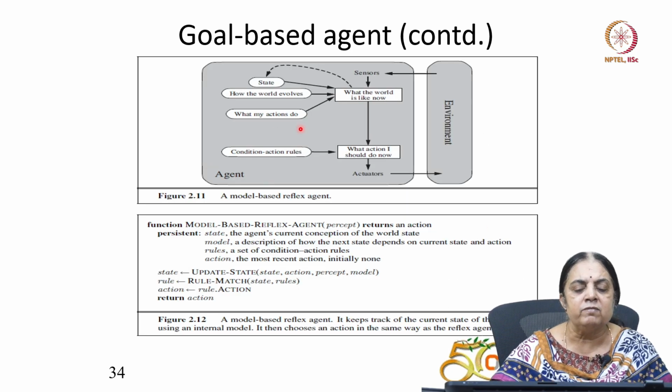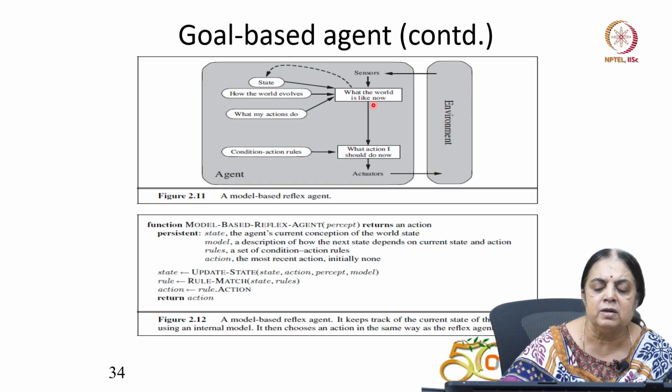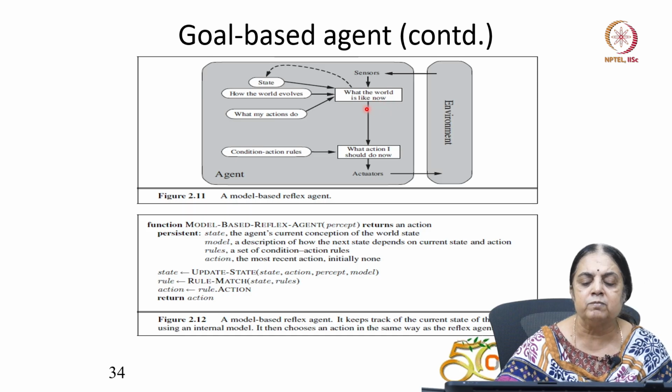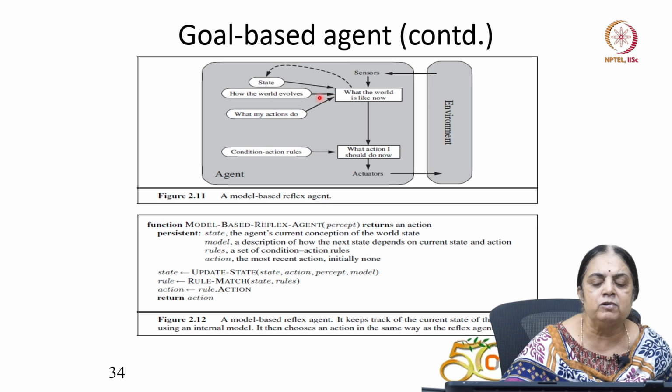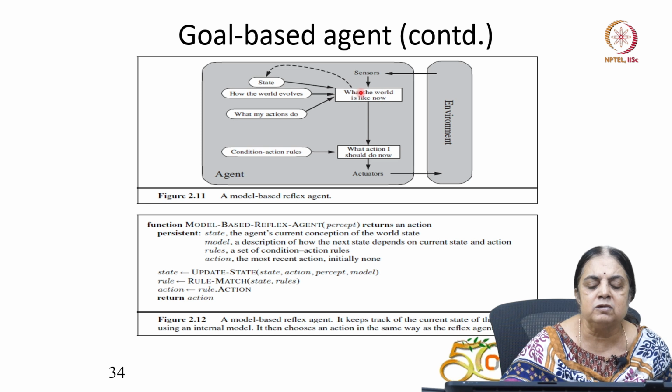So here we have the environment, and this is how the world is like now. How the world evolves is used over there, and what your action does to it, and the state. So this is used along with the condition action rules to get the output.